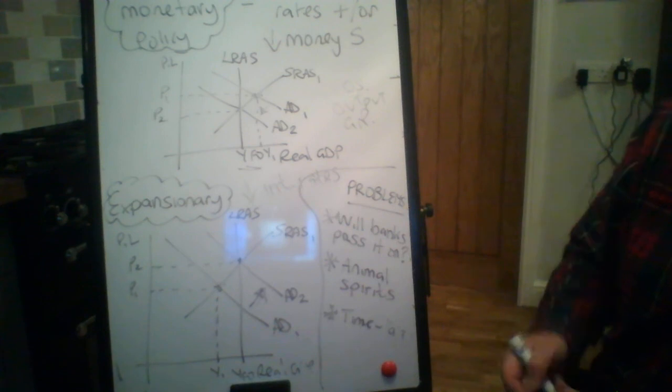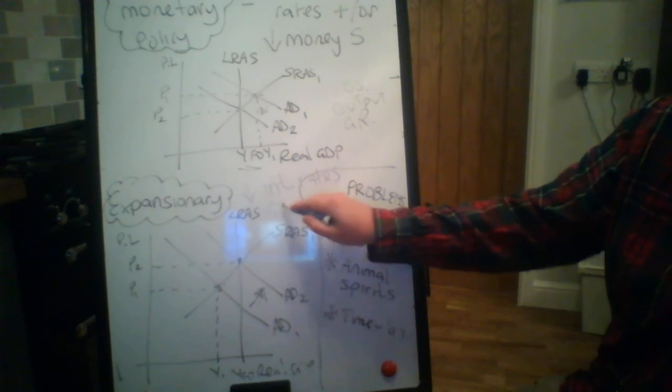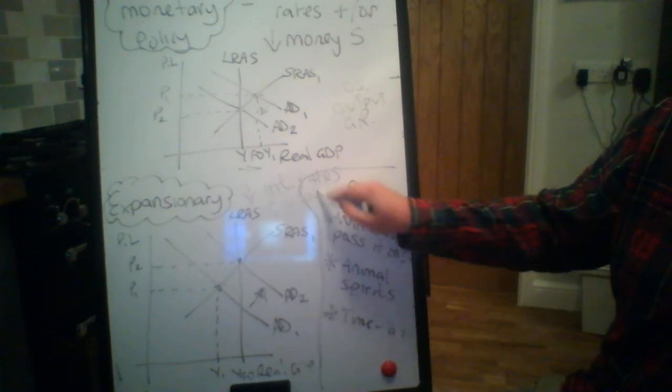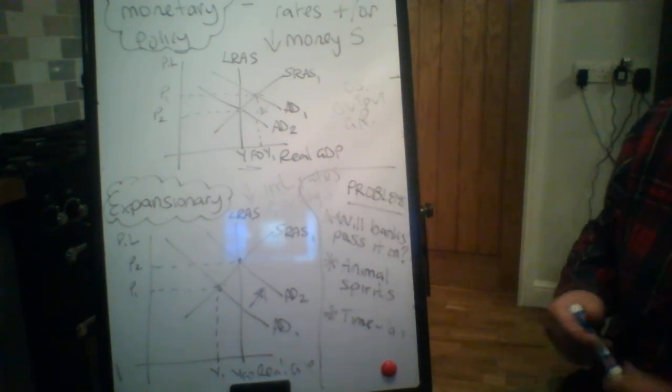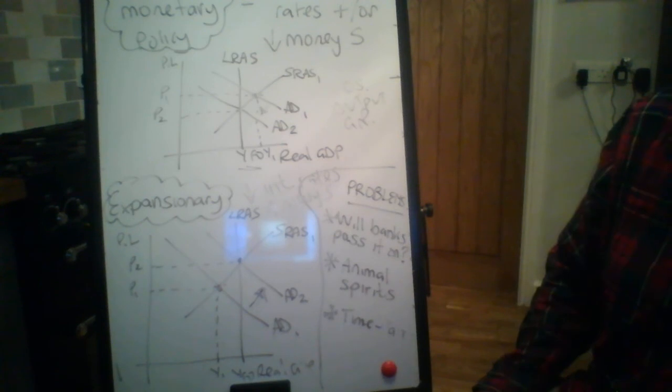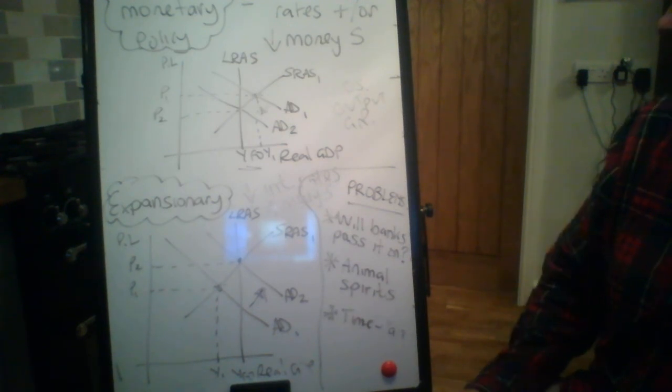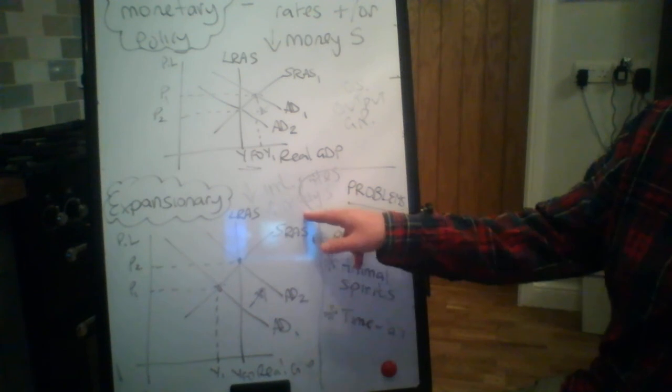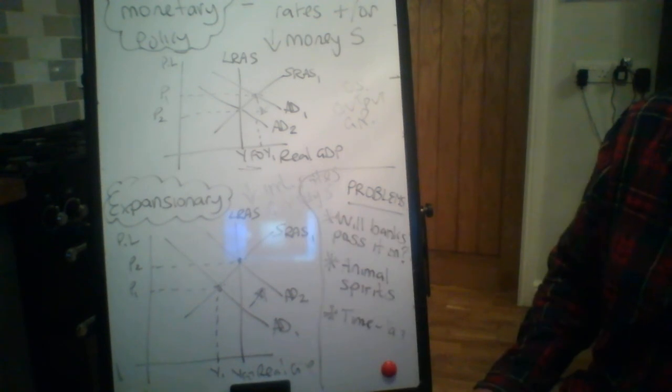But also, you can raise the money supply. And this was the idea of quantitative easing. If you shove more money back into the economy from the central bank, it means there's more money available for people to borrow and spend, which will again boost aggregate demand.